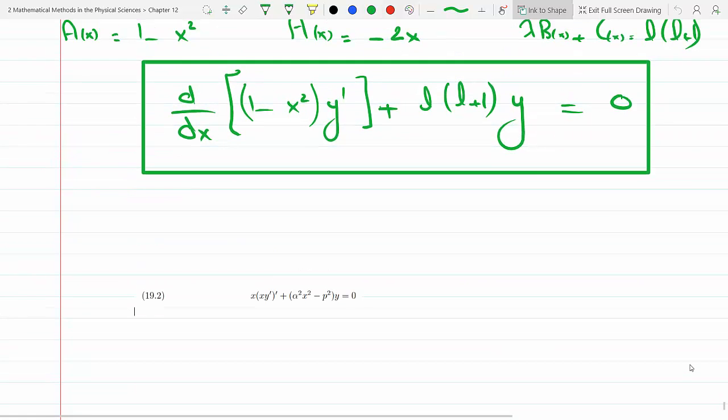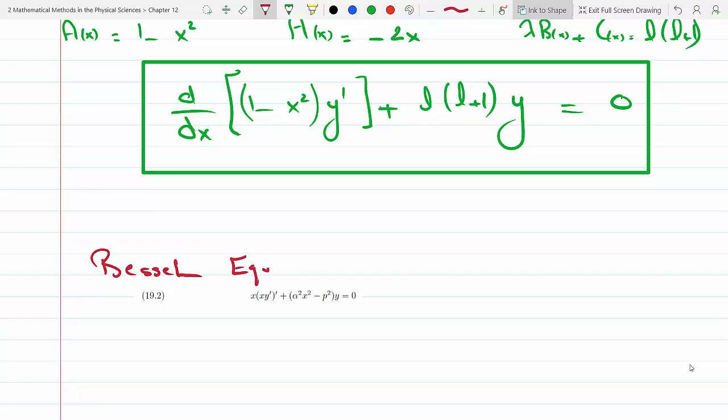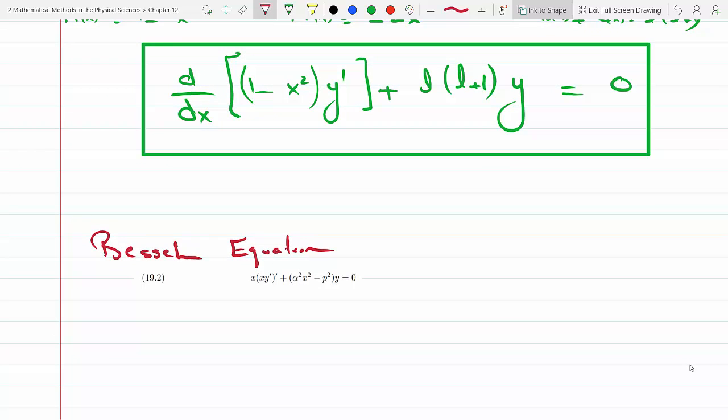Let's move to the Bessel equation, equation 19.2 that I wrote here. I'm going to get rid of this first x here, so I'm going to divide by x.